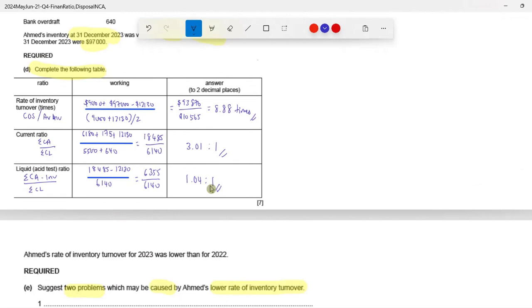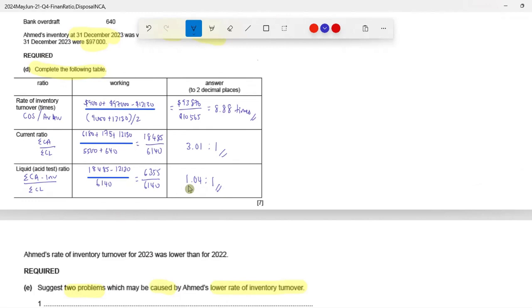So if there is a need to meet an immediate obligation, Ahmad's business is able to meet it. If there's an immediate obligation to pay out $1, Ahmad's business has $1.04. If immediate liability requires 1,000 now, Ahmad's business has $1,040 to meet that. So liquidity wise is also in a good situation.